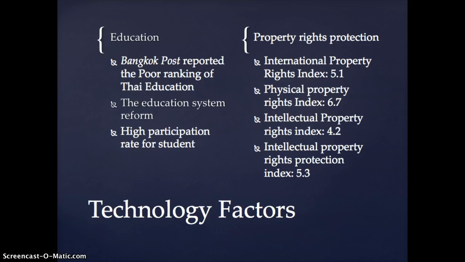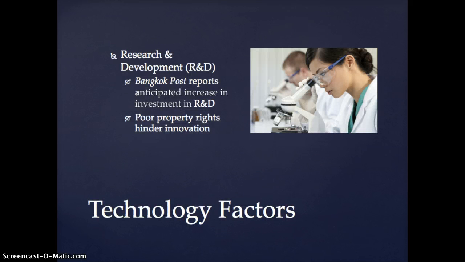When it comes to technology readiness, such as research and development, Bangkok says that the National Science and Technology Development Agency expects an increase in investment of private sectors in research and development by twice the amount in 3 years that it currently is.